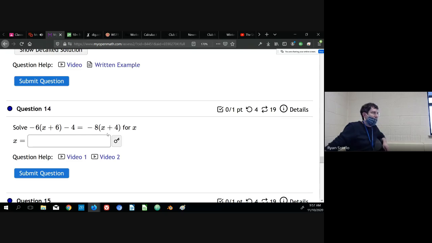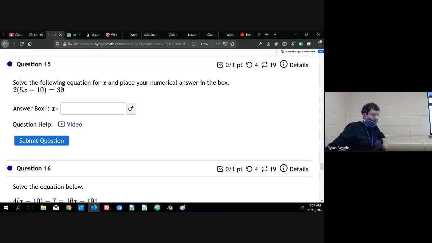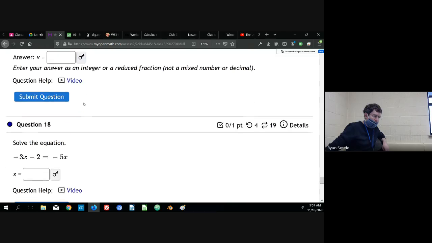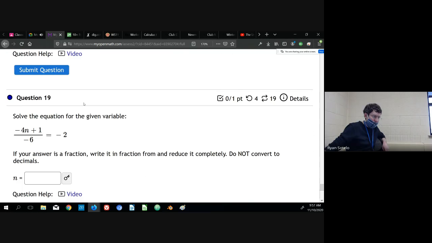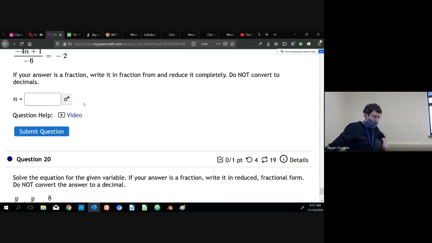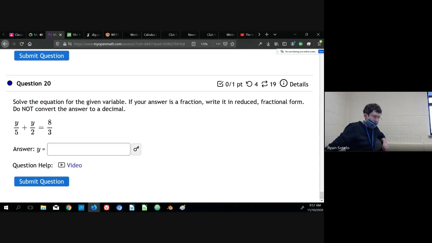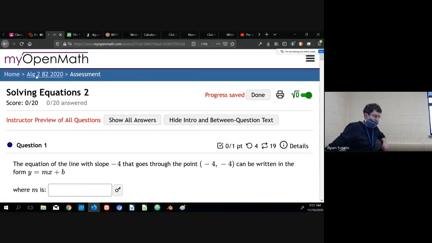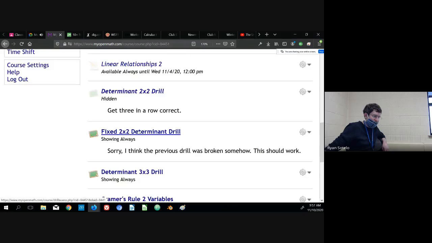Then you're going to combine like terms, isolate the variable. Really a lot like what we're doing. I want to find the two variable, two equations questions so that you can practice that.